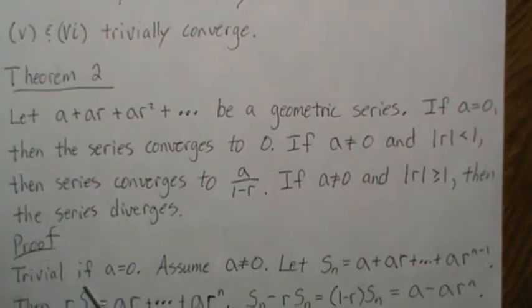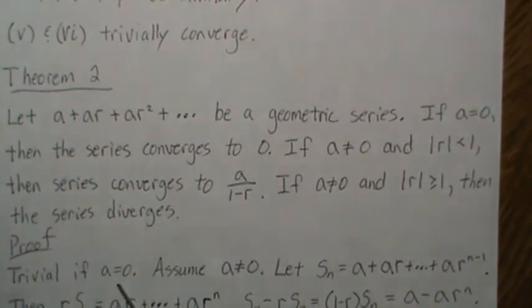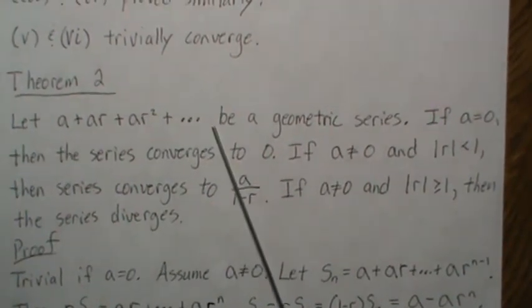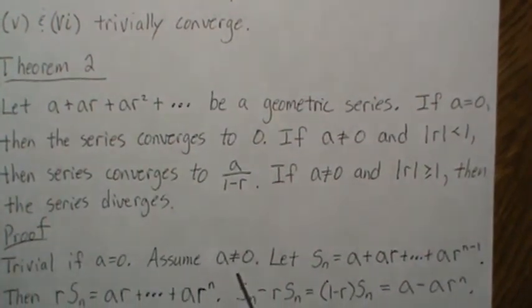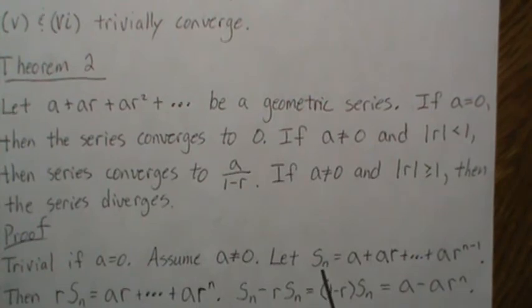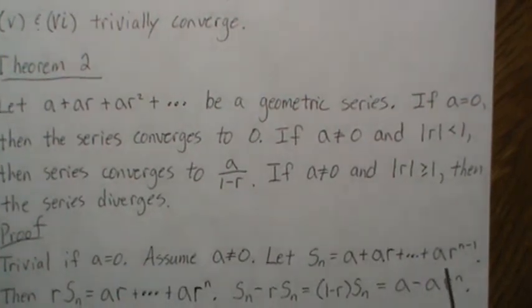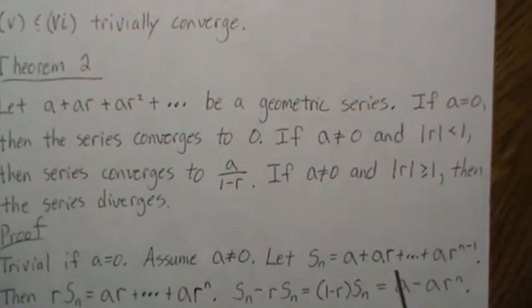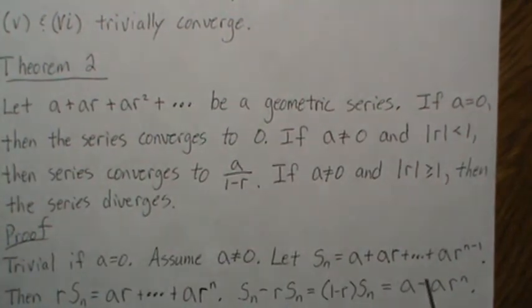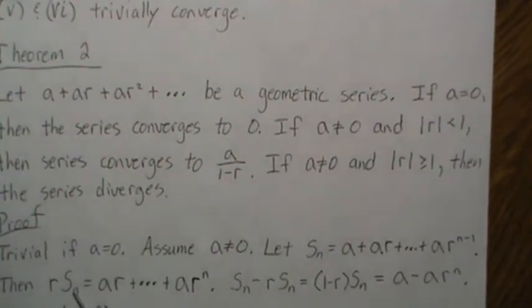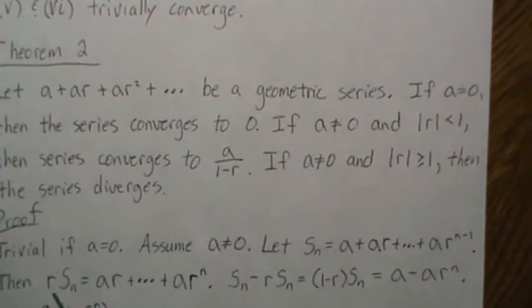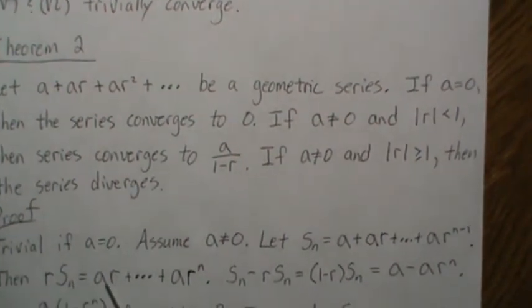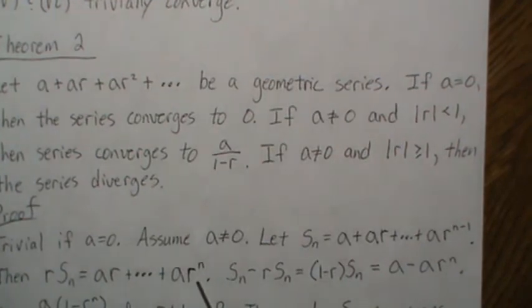It's trivial if A equals 0, because then all these terms are 0 and it converges to 0. So now let's assume it's not 0. Let's let Sn be this partial sum. There's n terms, and that's where that n comes into play. Now if we multiply R to both sides, we get this, R times Sn, and then this.